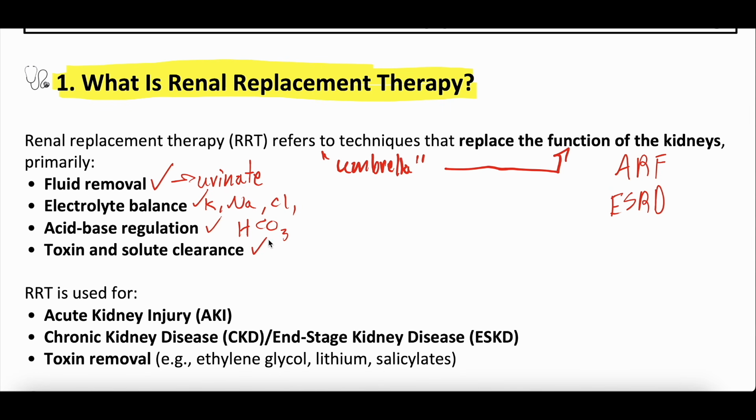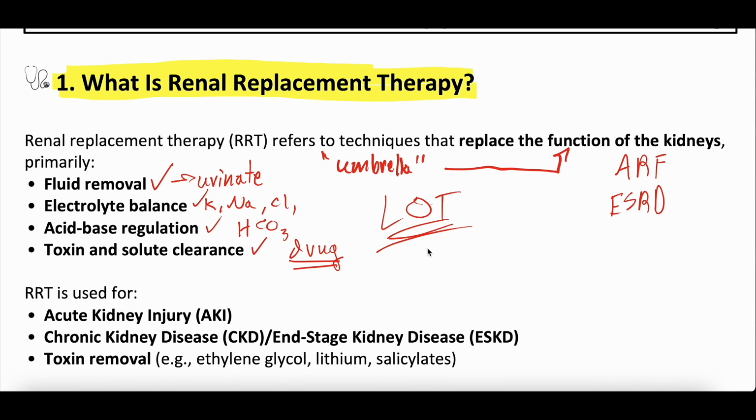And then toxin and solute clearance. There's all these kind of toxins floating around the body, small molecules, big molecules, and our kidneys help us clear those toxins. We urinate them out. In addition to that, different drugs are primarily renally excreted. So if we don't have adequate kidney function, we can't actually excrete those drugs, so they build up in our system. So there's a lot of functionality to the kidneys.